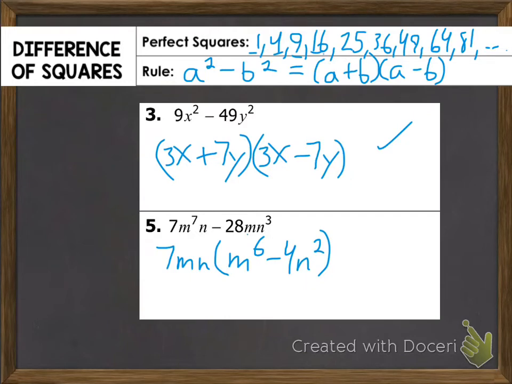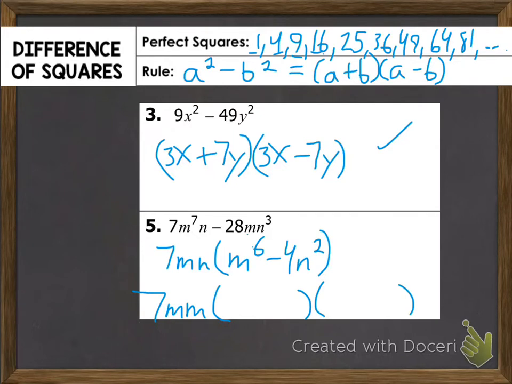So now, don't forget about the 7mn, we still need it, but now we can do our difference of squares. Just like we did up here in number 3, we're going to try to split what I have inside of the parentheses in half. So m to the 6.